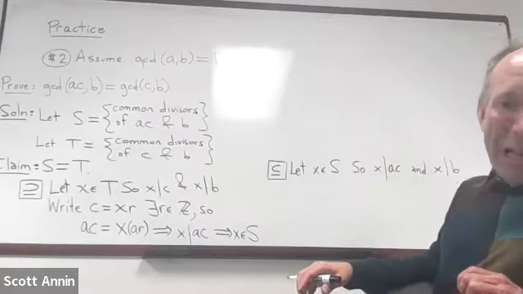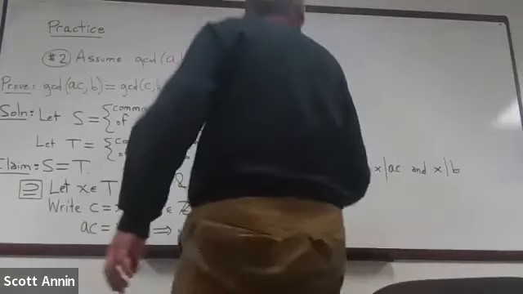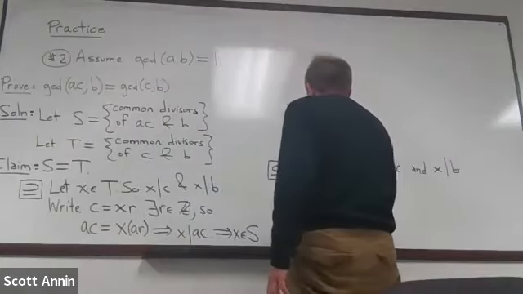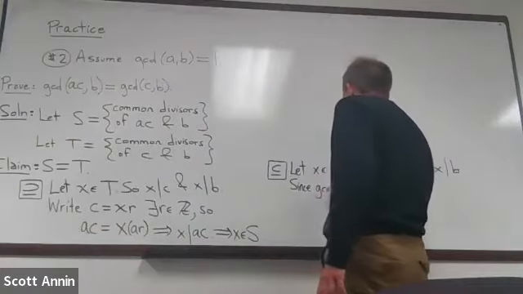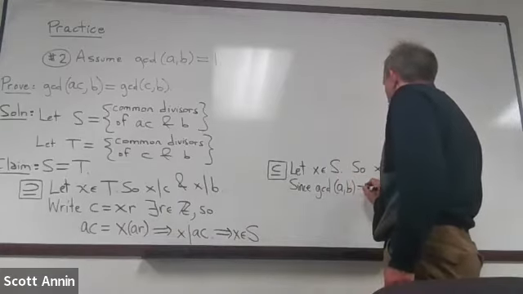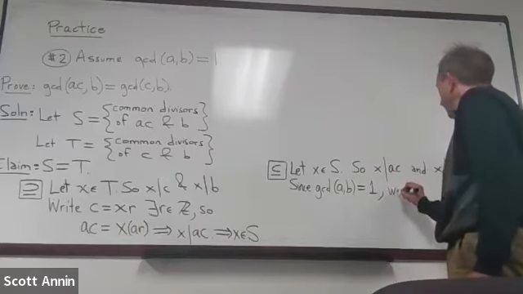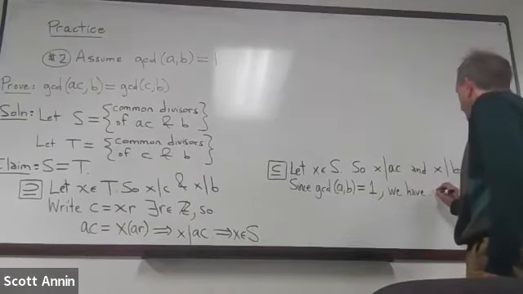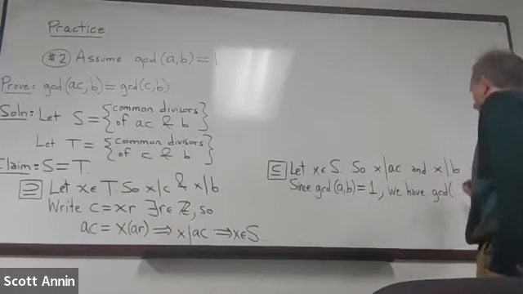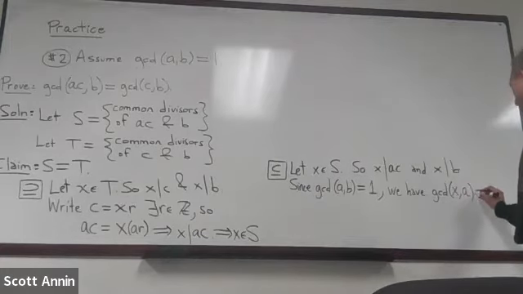This actually implies that since the GCD of A and B is equal to 1, we can say that the GCD of X with A is equal to 1.